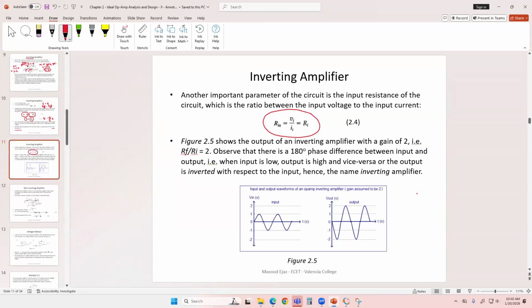The output peak value is going to be 2, which is the gain times the peak value of the input, and observe that the phase difference between the two is 180 degrees, which is the negative sign that you saw in the equation, negative Rf over Ri. When input is high, the output is low, and vice versa. So when you do the first lab, you're going to see this type of output, the 180 degree out of phase relationship between the input and output.